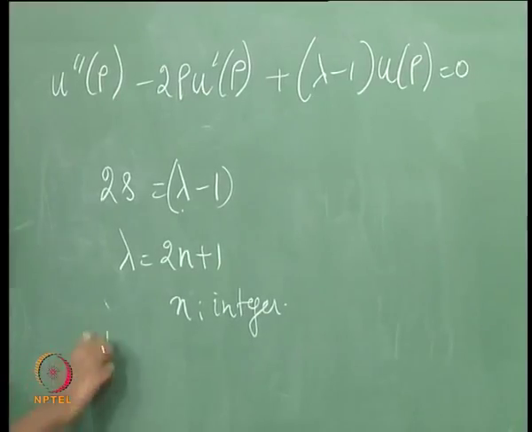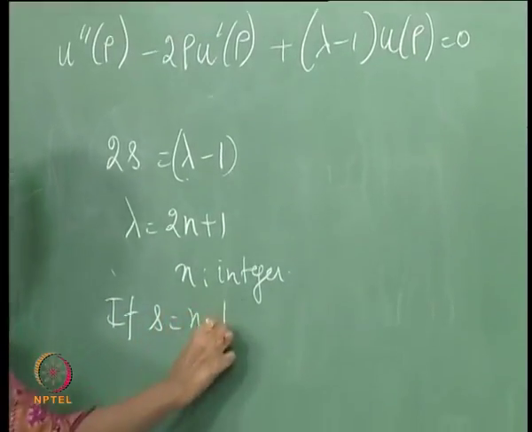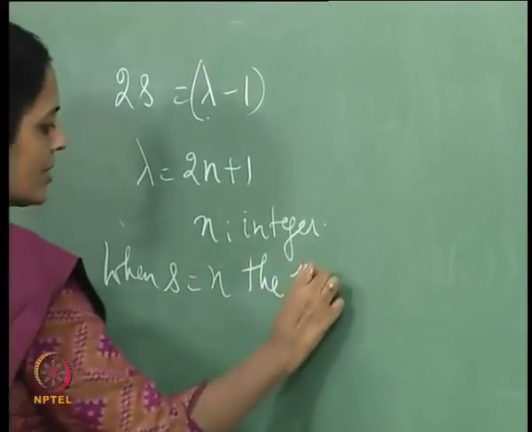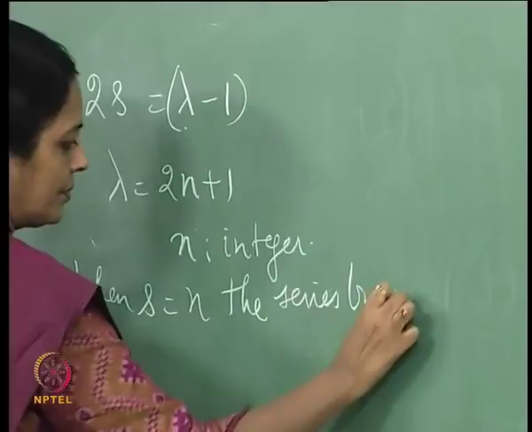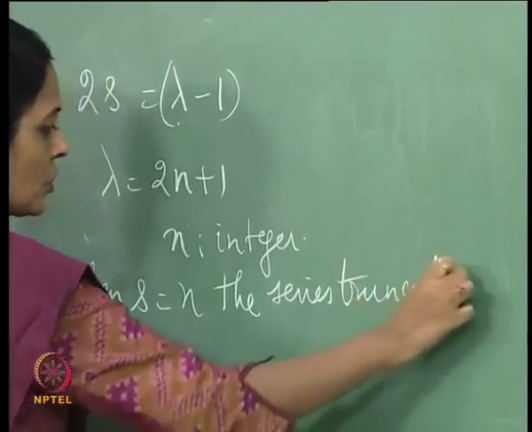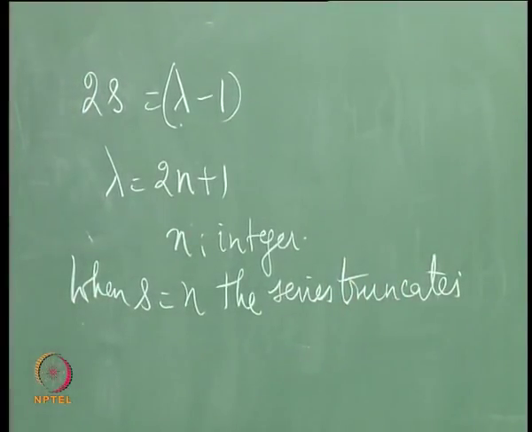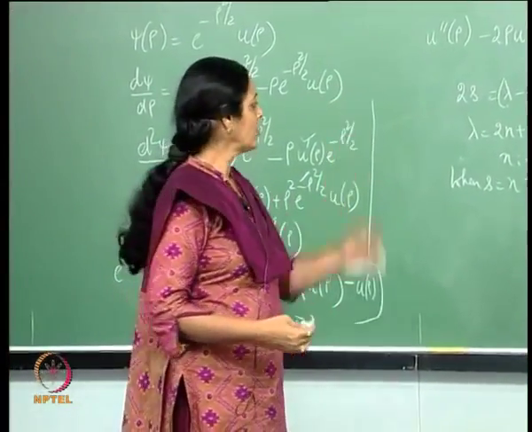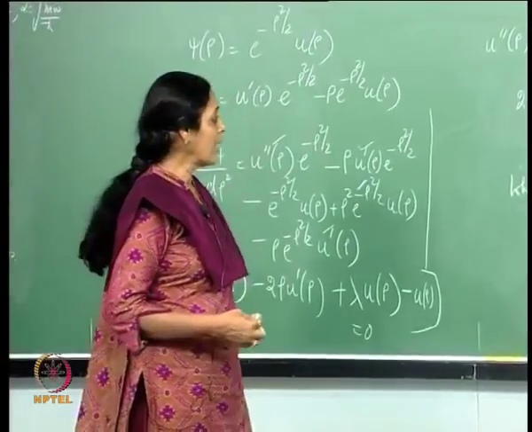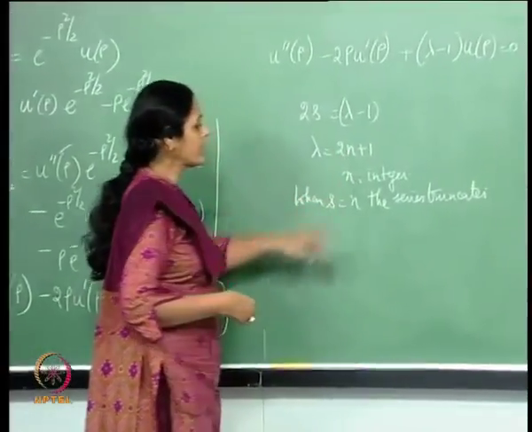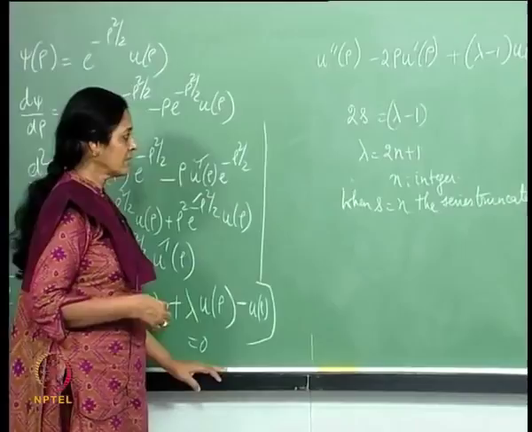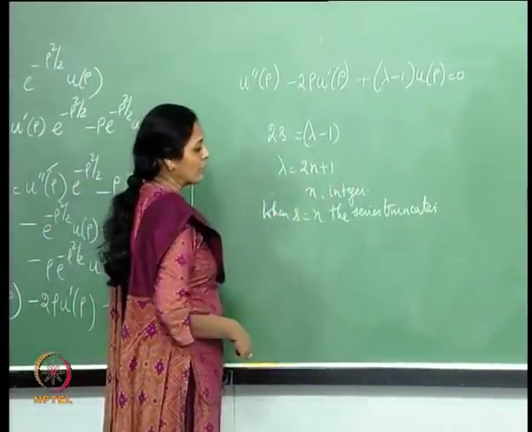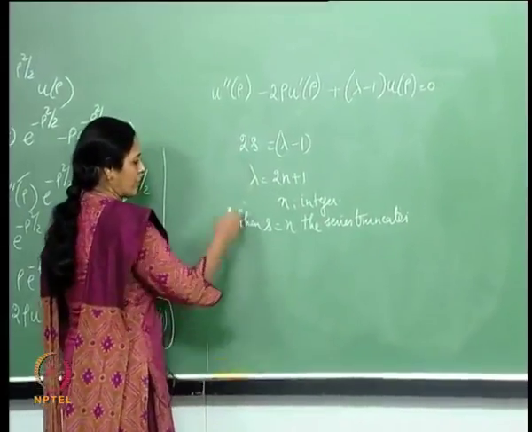And then when s is equal to n, the series truncates. So the summation over s goes from the lower value, whatever it is, all the way to n, where lambda is 2n plus 1, where n is a positive integer. That is a possible way of handling this problem, and indeed that is the correct way of doing it.